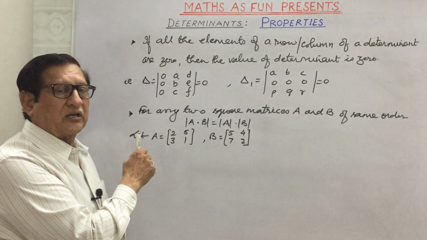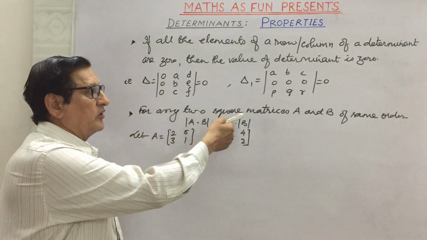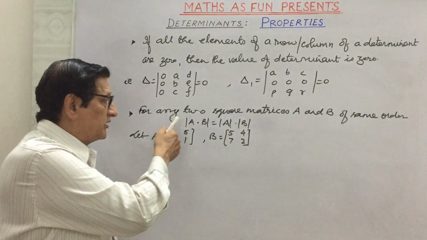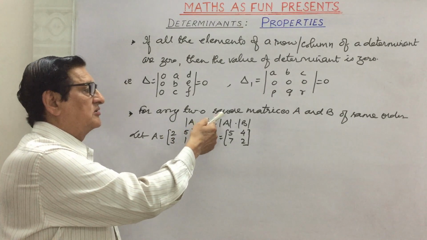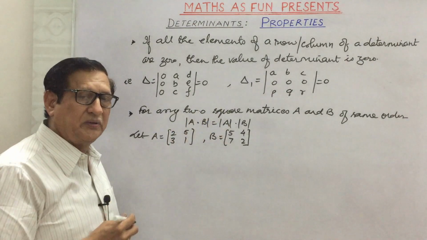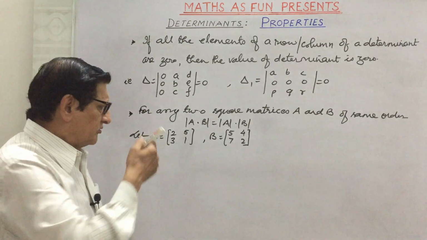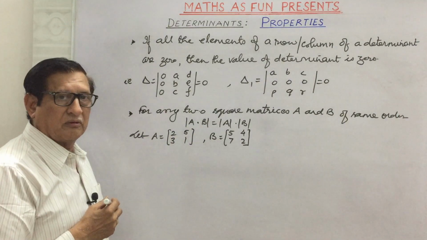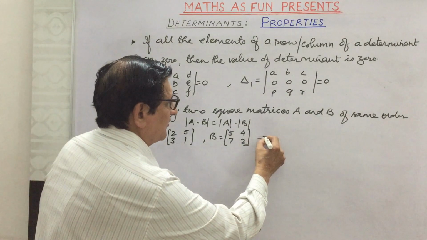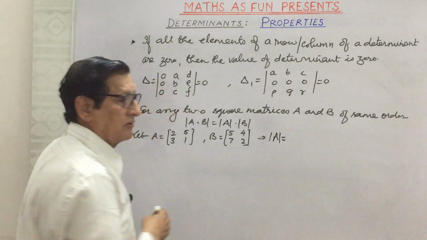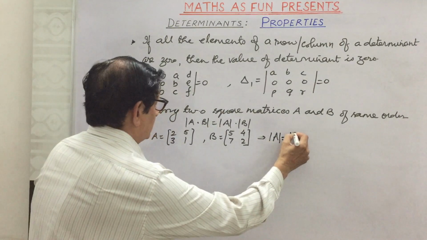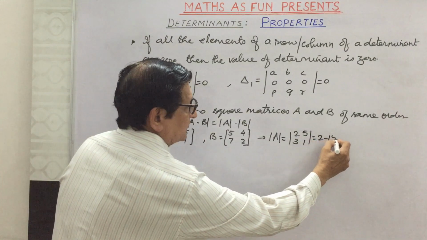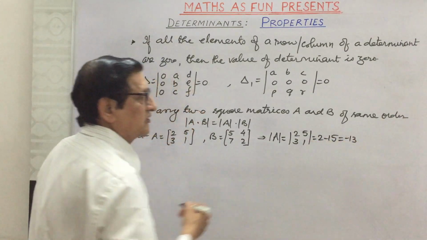One more property we can add to it, that is for any two square matrices A and B of the same order, determinant of A into B is the same as the determinant of A into determinant of B. To understand this, suppose we have two matrices A and B here. Can we find the value of determinant A here? Determinant A is 2, 3, 5, 1, that is 2 minus 15, or we can say minus 13.